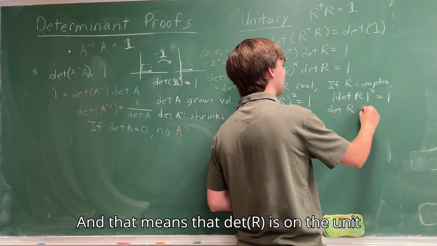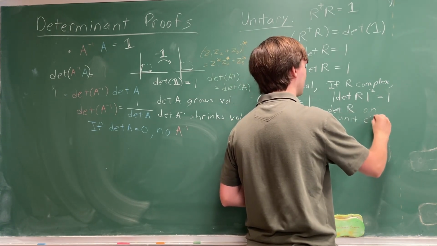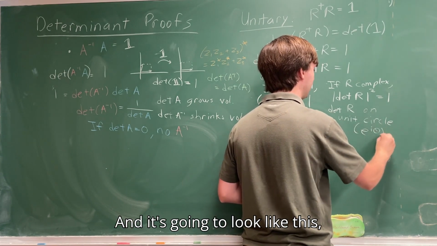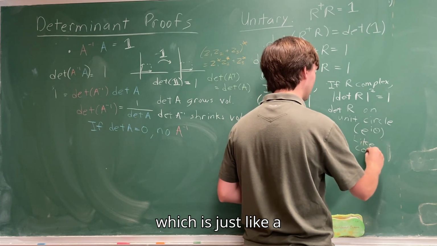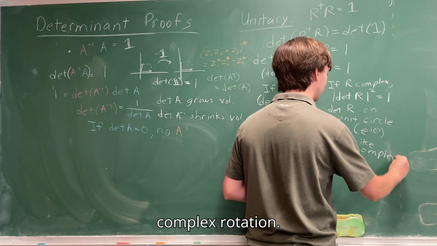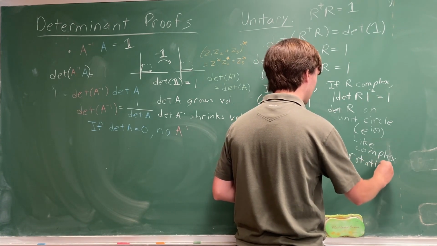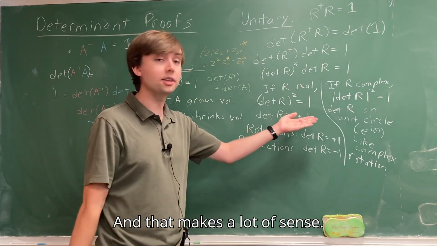And that means that det R is on the unit circle. And it's going to look like this, which is just like a complex rotation. And that makes a lot of sense.